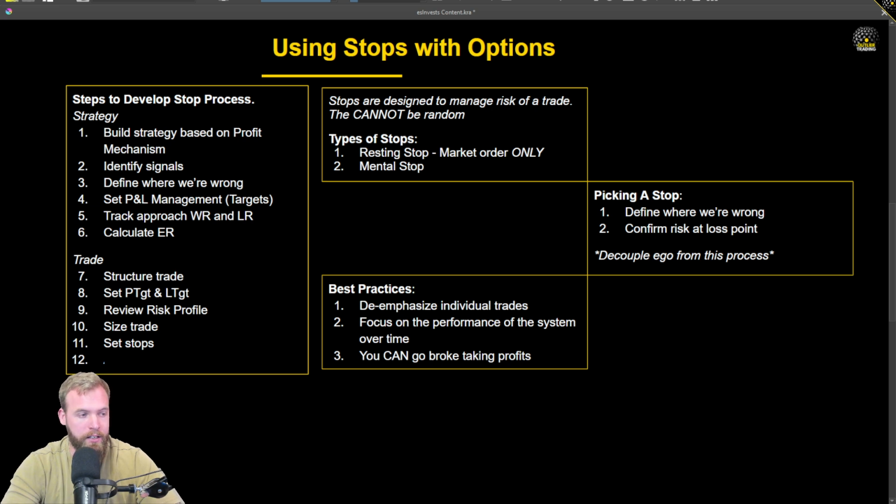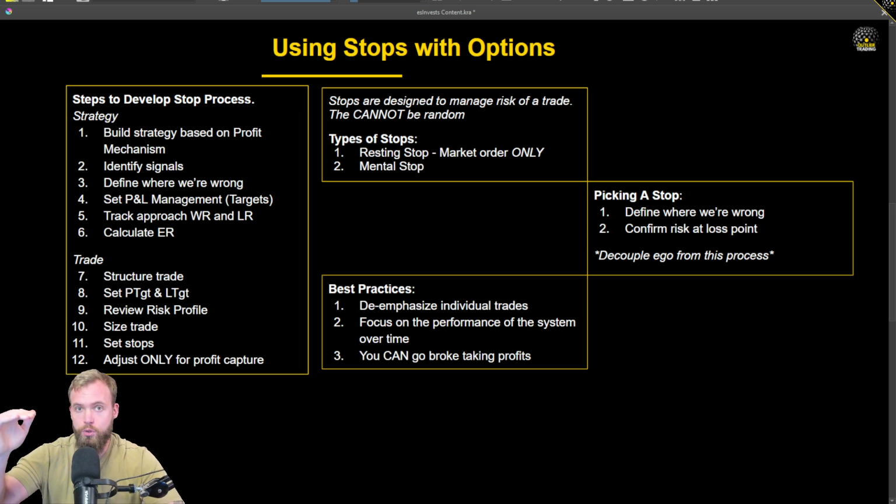Stops go in place. And now we leave the stops alone unless we are capturing profit, in which case I actually move the stops up all the time. So it helps me let a trade continue to work, but still manage the risk and still make sure that I'm maintaining positively expected return, which I'll explain in a second. So this is the process.